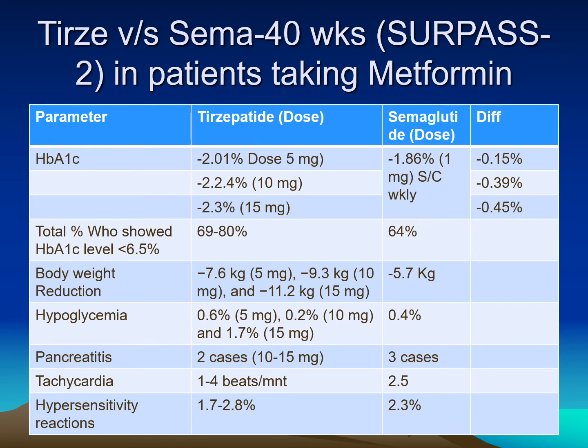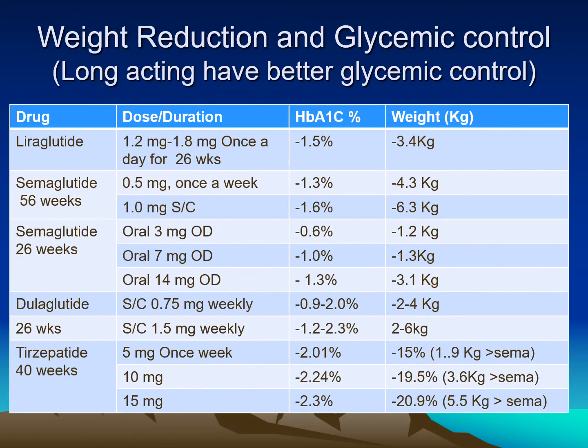Incidence of hypoglycemia was little more but not very significant. Pancreatitis, tachycardia, hypersensitivity reactions were comparable. Therefore, we can say efficacy-wise, tirzepatide outperformed semaglutide in achieving glycemic control and body weight reduction, at equal adverse events.